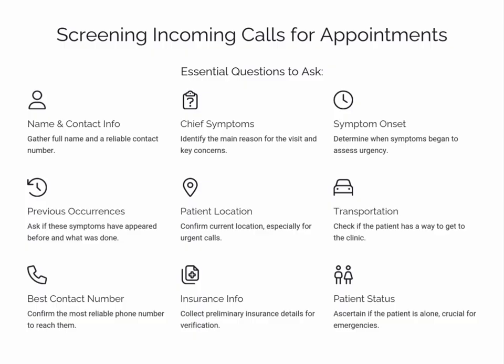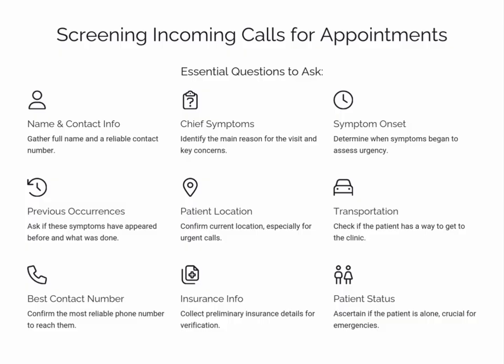If you are the person screening phone calls for patients, if an urgent appointment call comes in, it's really important to know how to effectively screen that situation to determine the appropriate care for that patient. When the call comes in, you have to get the patient's name and contact information.